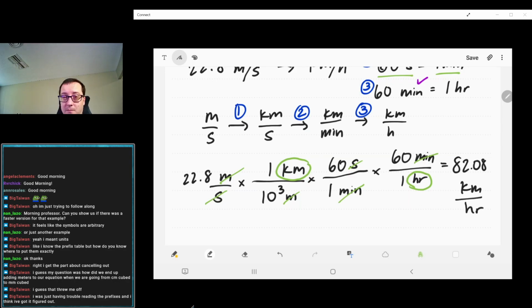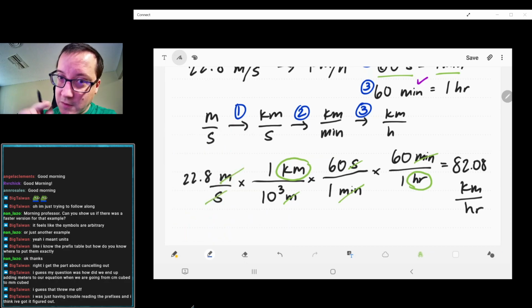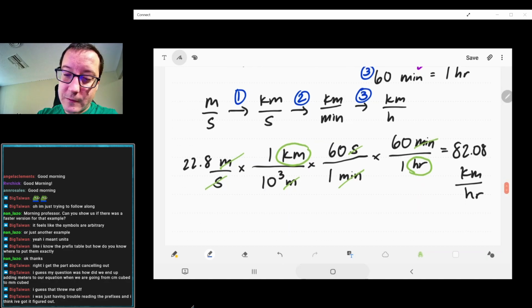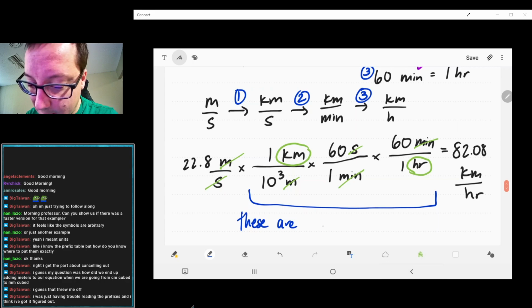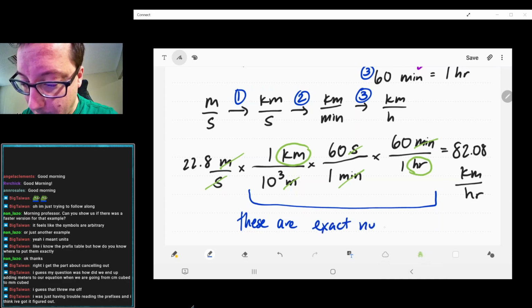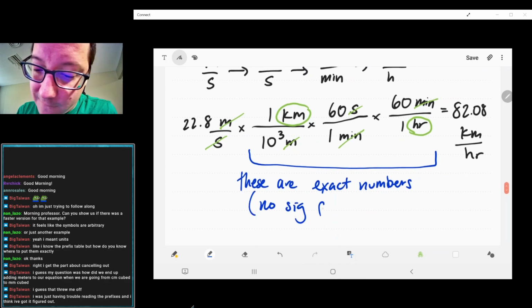Now, while we've kind of omitted them for now, we still have Sig Figs to be constantly frightened about. We're going to thankfully see that for most problems, we just look at the Sig Figs of our starting number and poof, we're done. We would just adjust that way. We're going to see that these are what are called exact numbers, and so they do not carry any Sig Fig information.